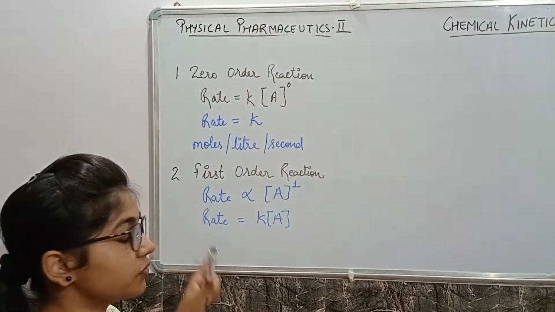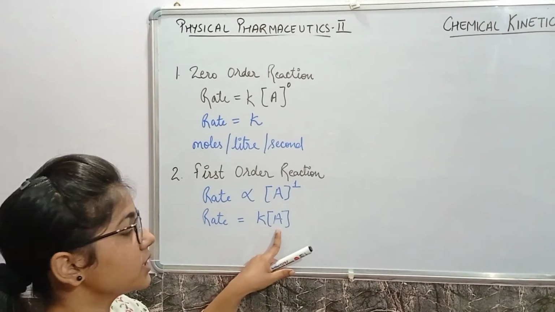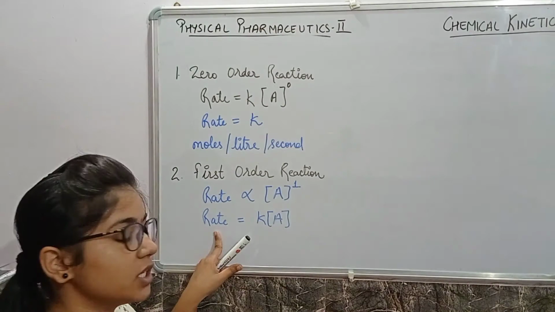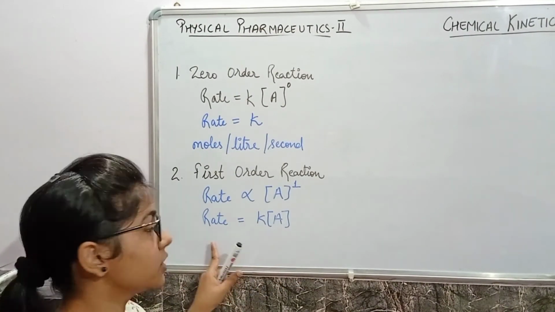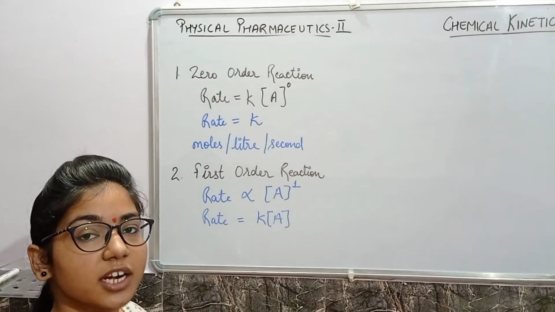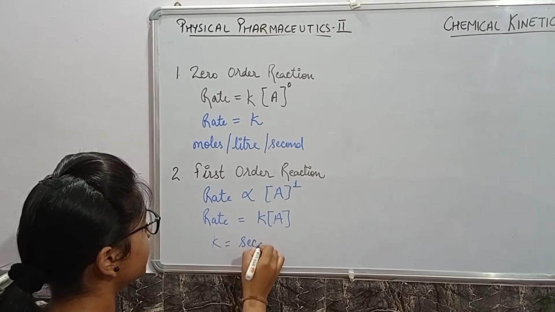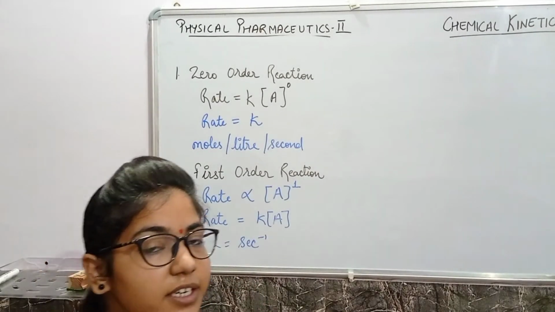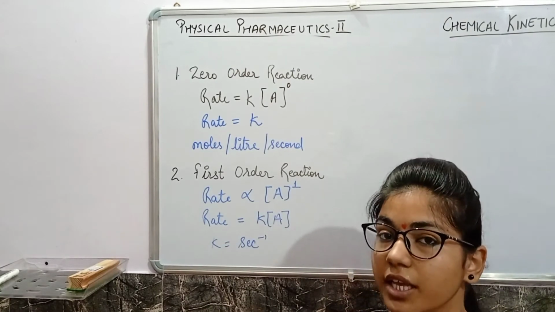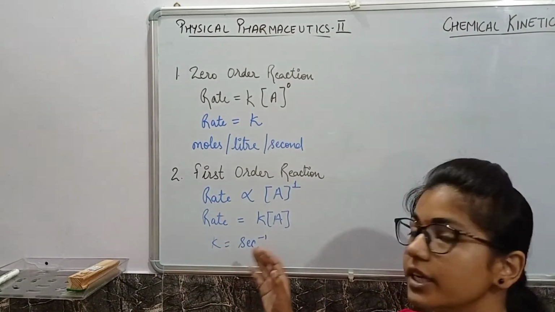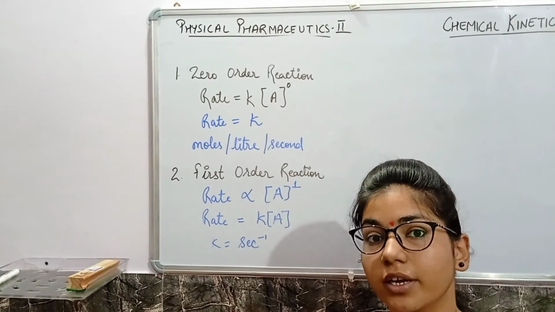The more you increase the concentration, the rate will increase; if the concentration decreases, the rate of reaction will also decrease. The unit of rate constant here is per second, that means second inverse. If the unit of rate constant is given and nothing else is known, then if the rate constant is in second inverse, it is definitely a first order reaction.